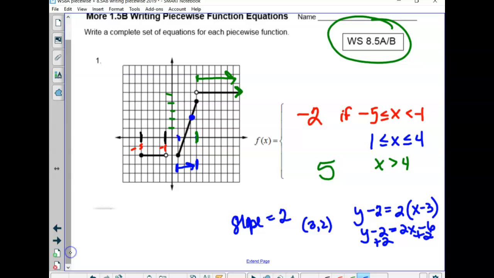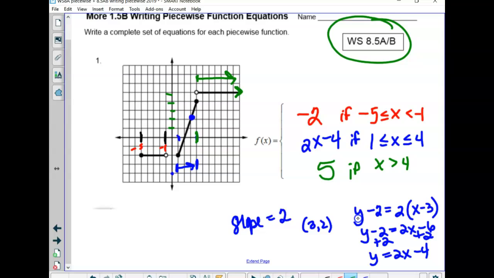Gives me y equals 2x minus 4. Did any of you think that might be where it was going to cross down here? If we had extended it, it would have crossed at -4, right? So 2x minus 4 is the rule if x is between those, and then this was the rule if x was greater than 4.